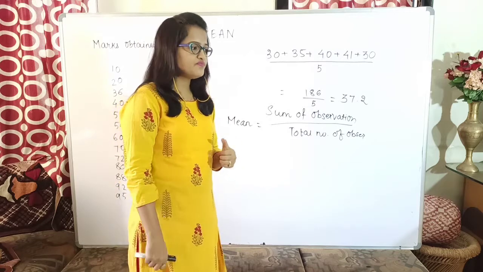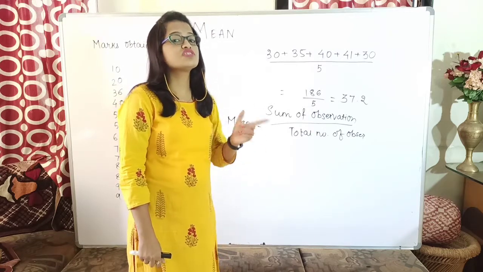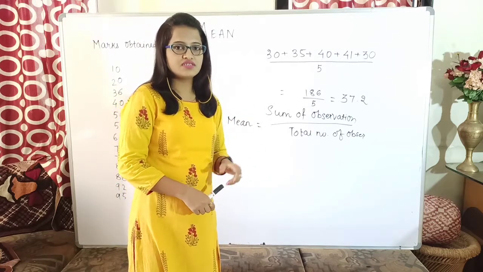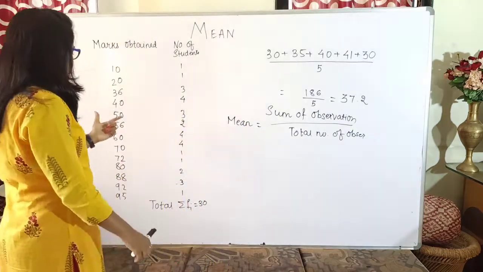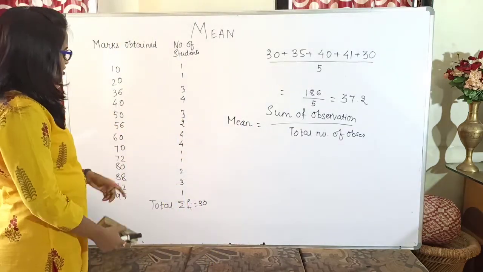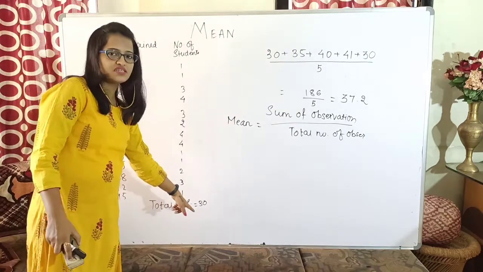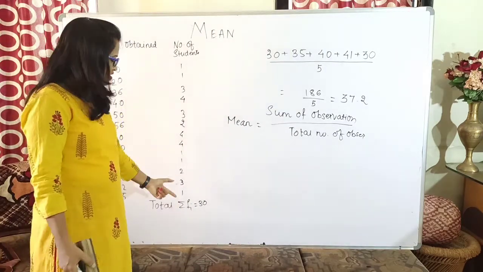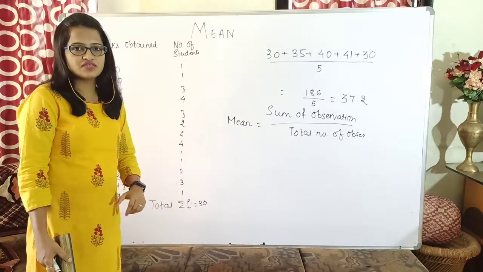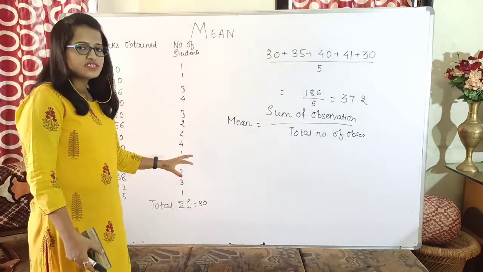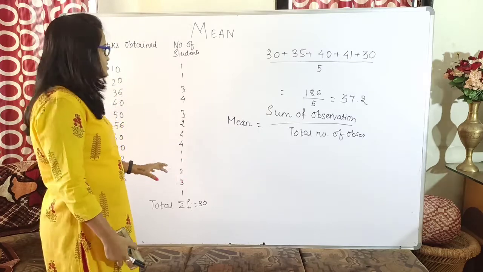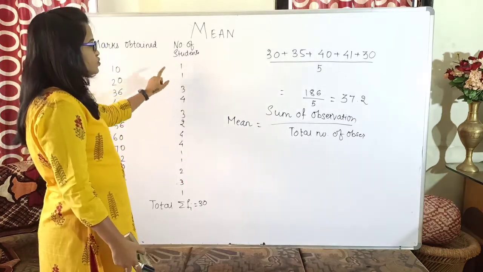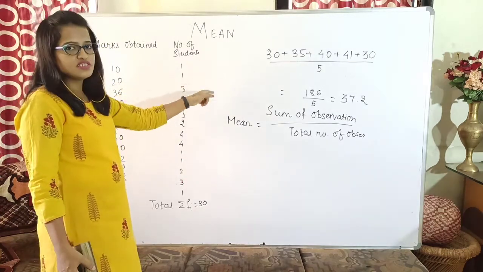But what if the number of observations is more? I have drawn a table here. As you can see, the total number of observations is 30. fi means frequency, how many times the respective number is repeated. For finding the sum of 30 observations, will you write 10 plus 20 plus 36 plus 36 plus 36?